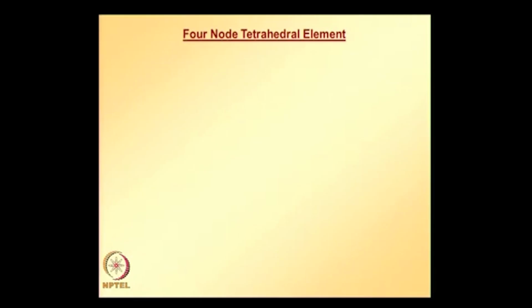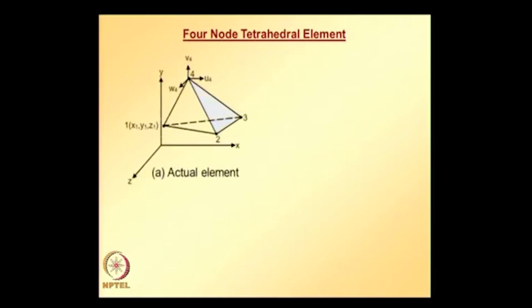A typical element is shown here, 4 node tetrahedral element. At each node there are 3 degrees of freedom, displacement component along x direction, y direction, z direction. Total there are 4 nodes. This is the simplest element that we can have for solving 3 dimensional problems. This element is going to be linear along x direction, y direction, z direction.